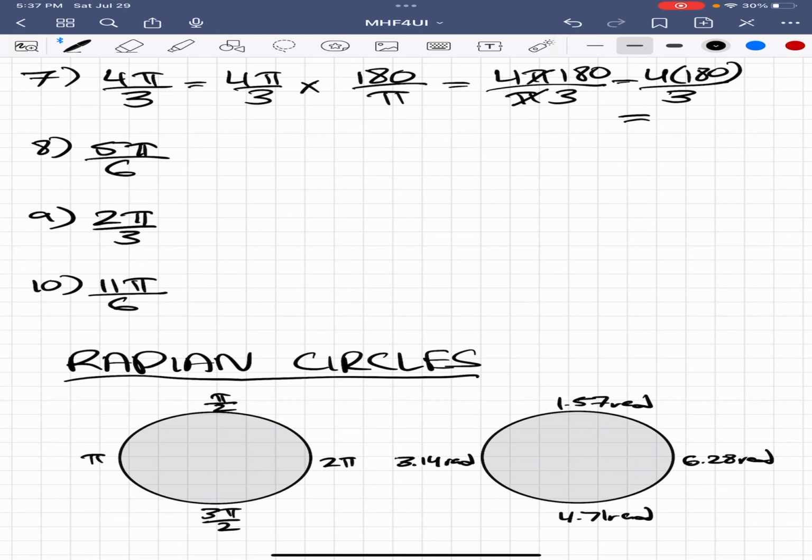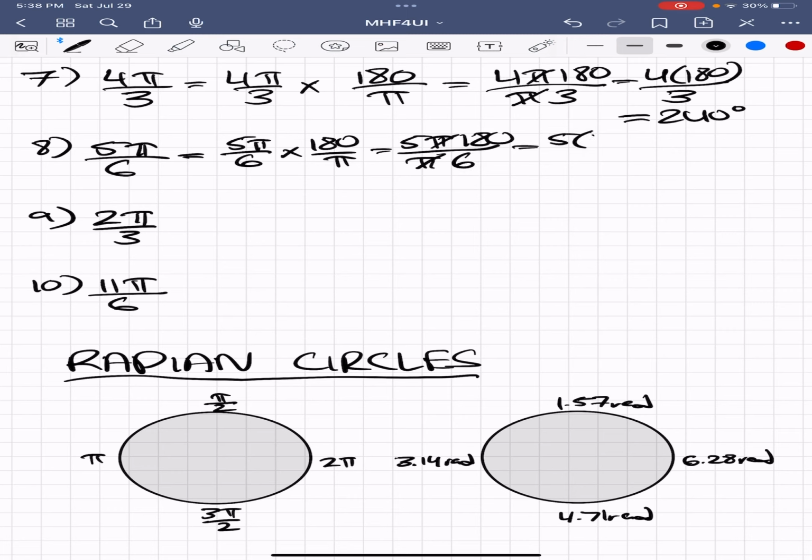So 4 multiplied by 180, and that's divided by 3, should be 240. So 5 multiplied by 180 divided by 6 should be 150.